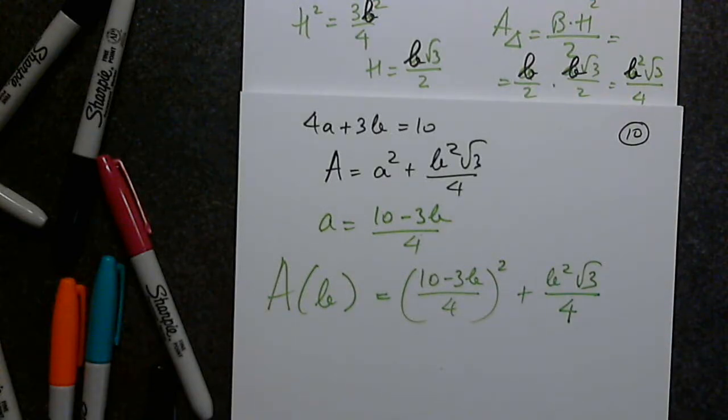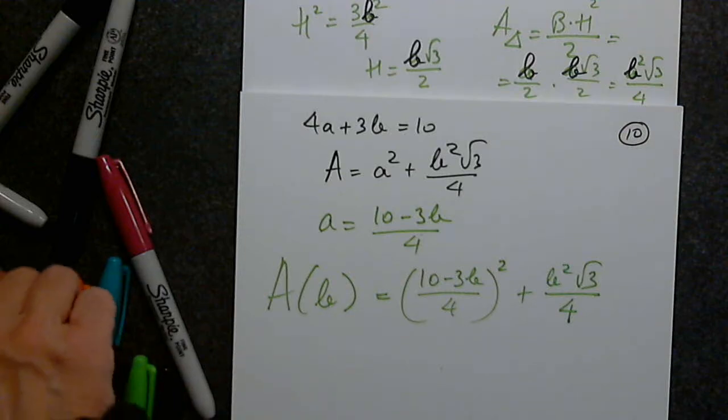You do not need to take this to the next level of simplification, because I need A prime. I don't really care about this function. I care more about A prime and finding critical numbers, and then I can go back and replace in the graphing calculator and find values if I need to.